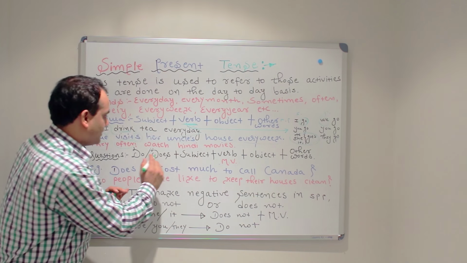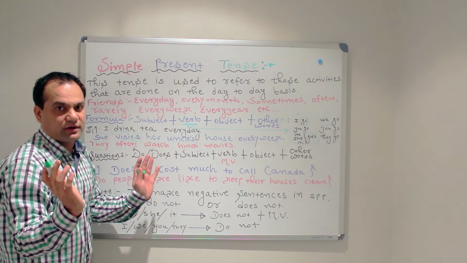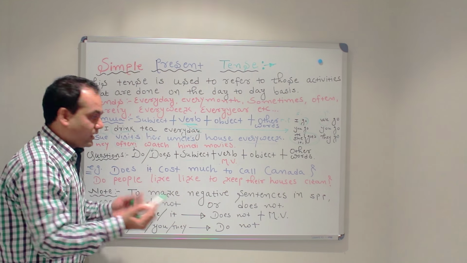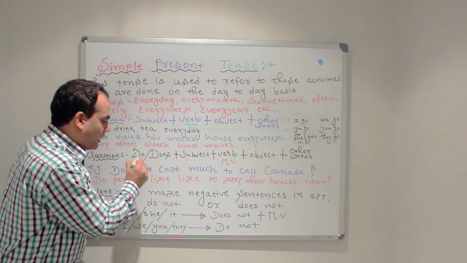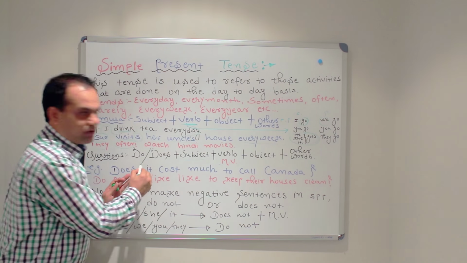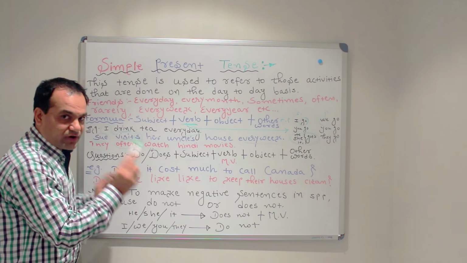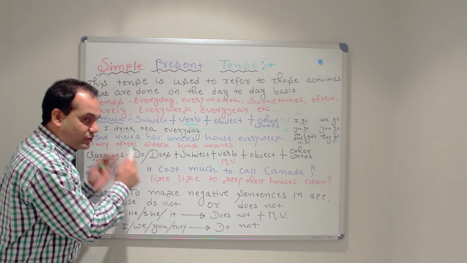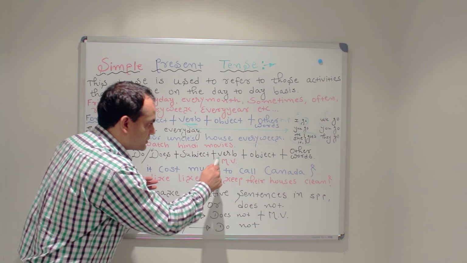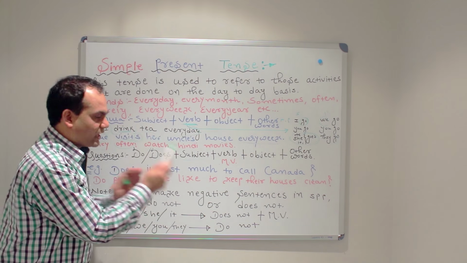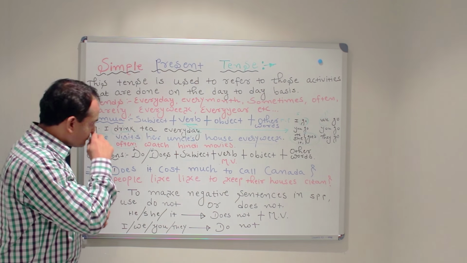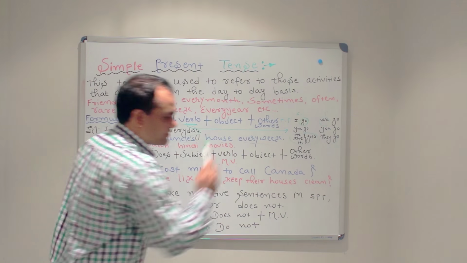Even if you are talking about third person singular, doesn't matter. Because do and does are modal verbs, you have to use main verbs with modal verbs. So when you are using do or does, you have to take off the s or es attached behind the verb. And then object plus other words.